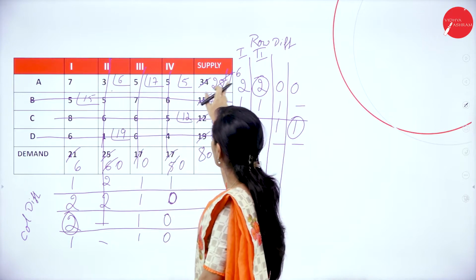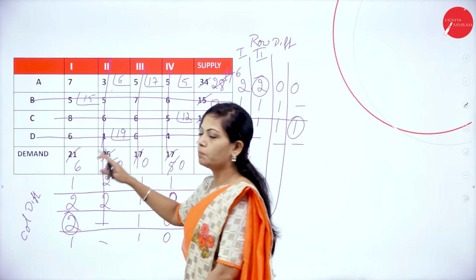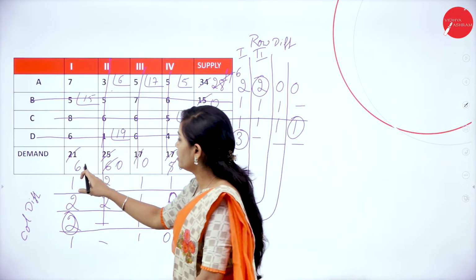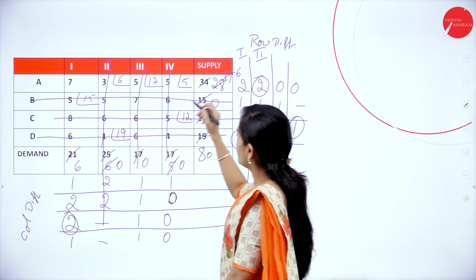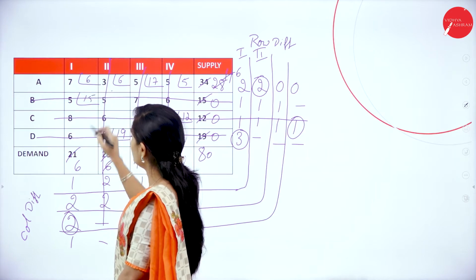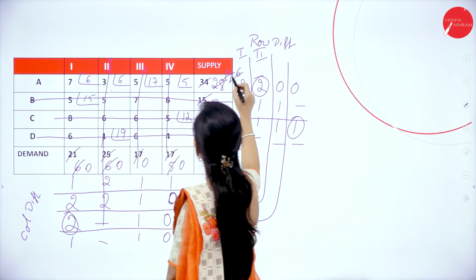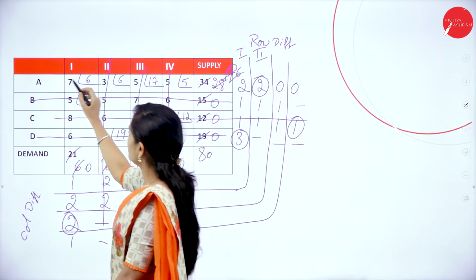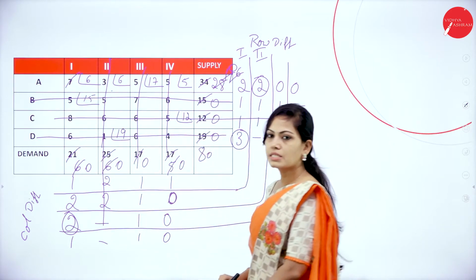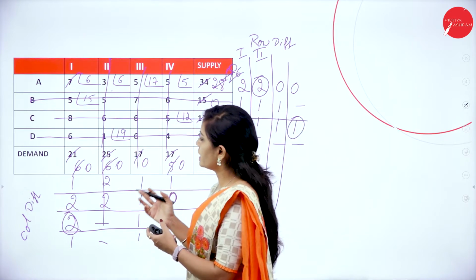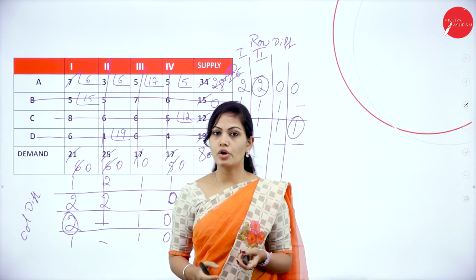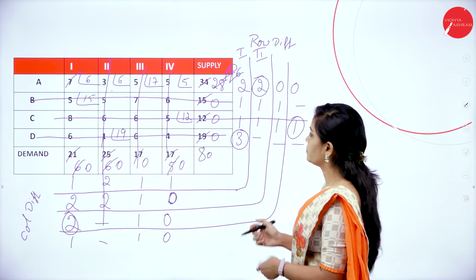You just check the supply value and demand value. Both the values are same. So here we have 6 and in supply also we have 6. So I will allocate 6 rupees to this cell. It will become 0 and it will become 0. You can cancel this 7 also. So now all the cancellation has been done. So what is the next step? You can find whether it is non-degenerate or not.